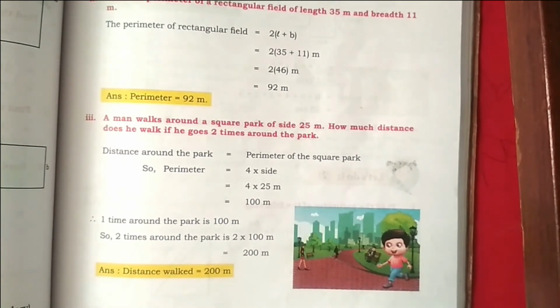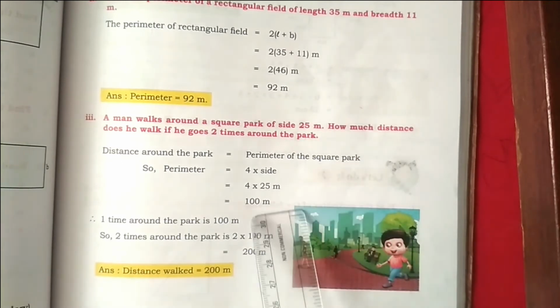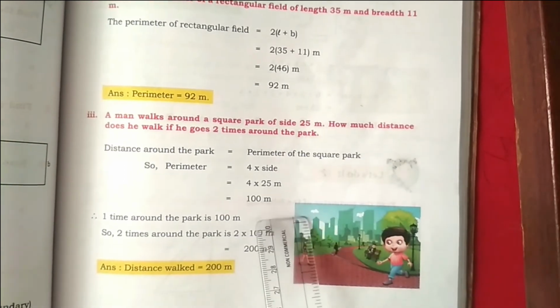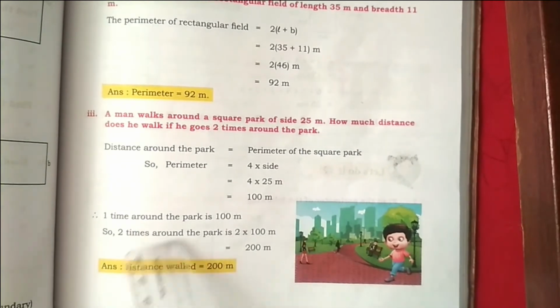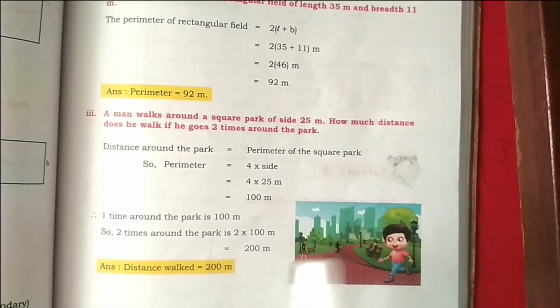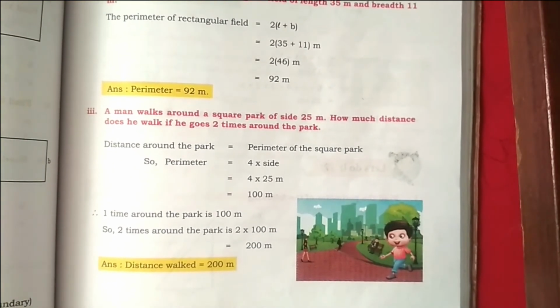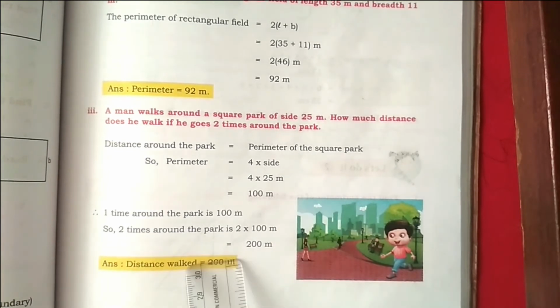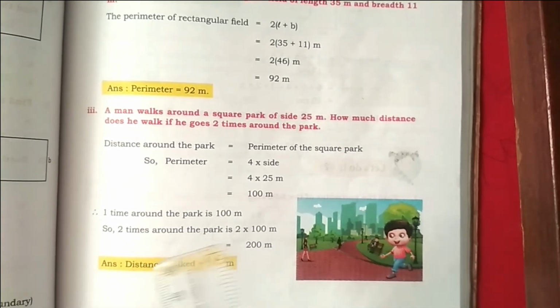All the 4 sides of a square are equal. So 4 into 25 meters, that is 100 meters. So 1 time around the park is 100 meters. So 2 times means 2 into 100 meters. The answer is 200 meters.